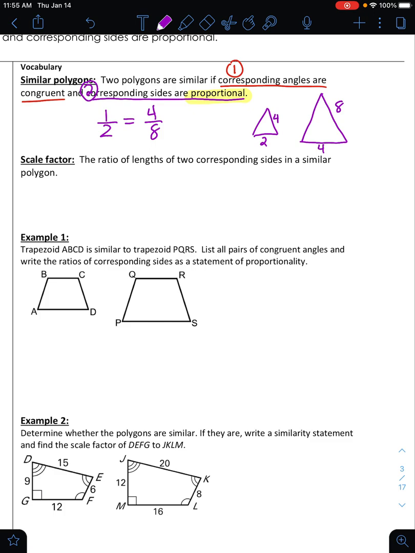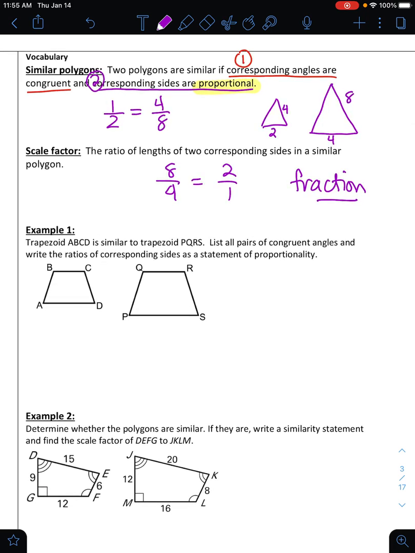So my scale factor on my example right here might be 8/4, which is really 2/1. Typically, we are going to write scale factors as fractions, and we sometimes reduce them down. Sometimes we don't if we're trying to compare them, but when we write a final scale factor, we typically reduce it down.